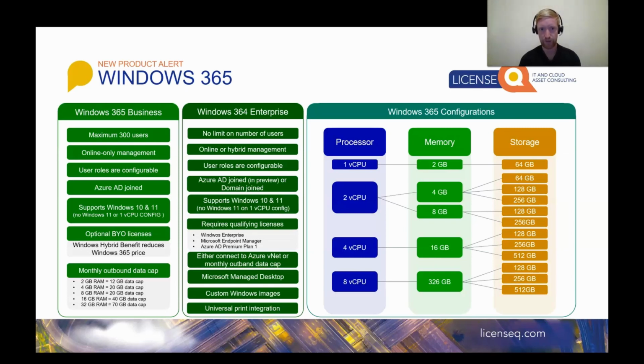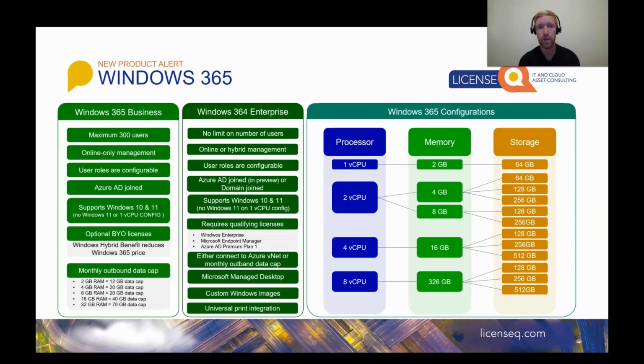You can connect to Azure VNet or have a monthly outbound data cap. It's a Microsoft managed desktop. You have custom Windows images that you can use, and what Microsoft states is that it can use any app that you have built. And it has universal print integration, which is a solution that Microsoft has, I think, even purchased.